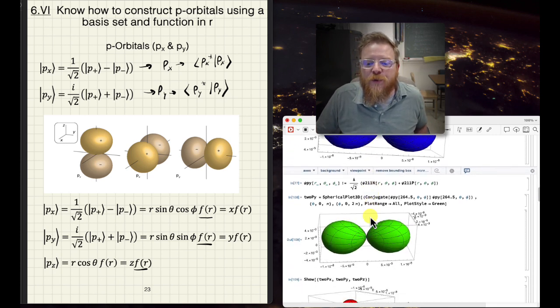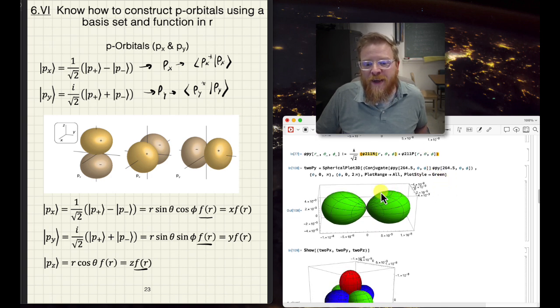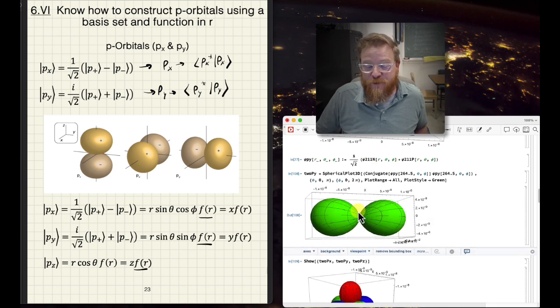And then now we can do the same basis set for py, i over root 2 times p plus plus p minus. And now what we get is another one of these shapes with the appearance of different phases.